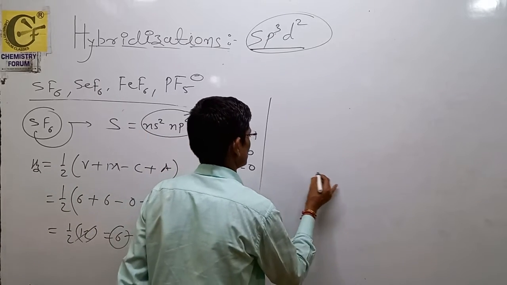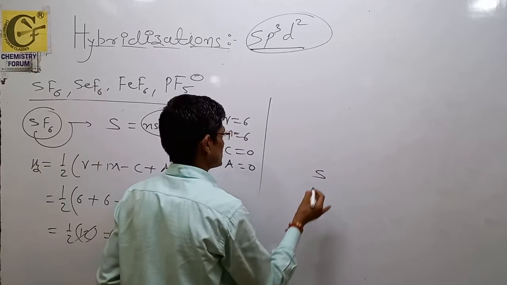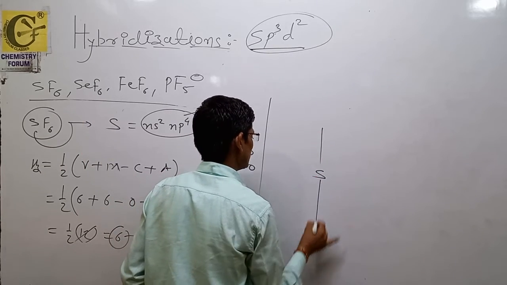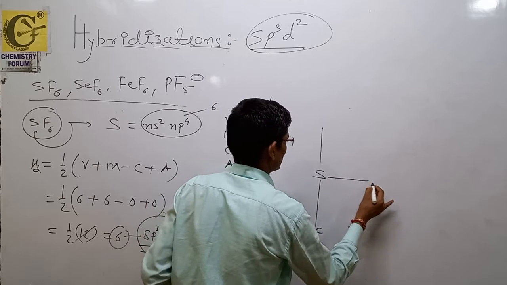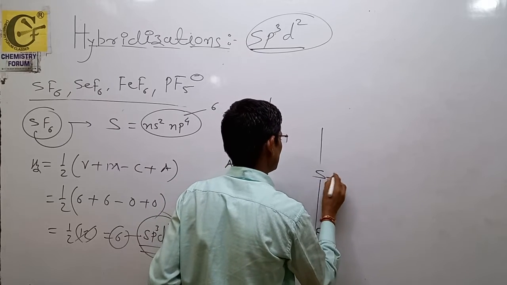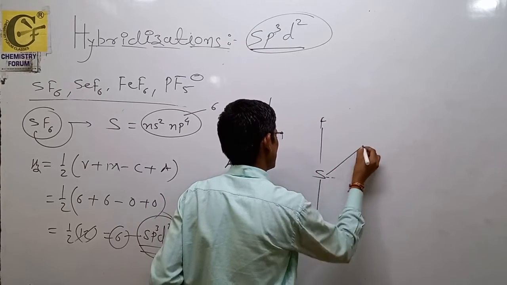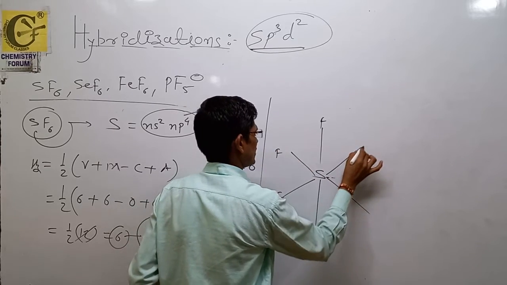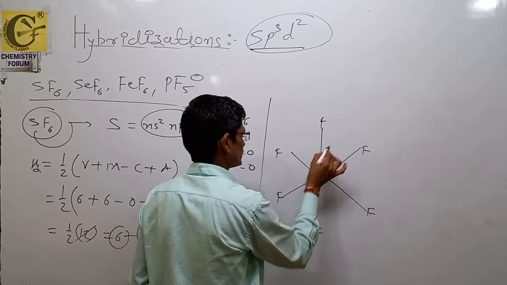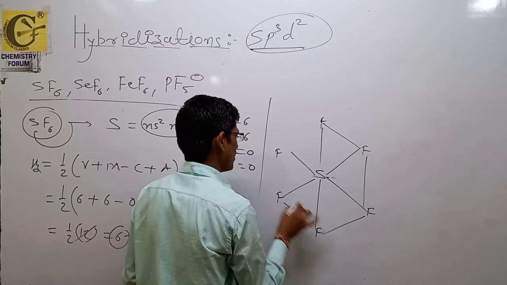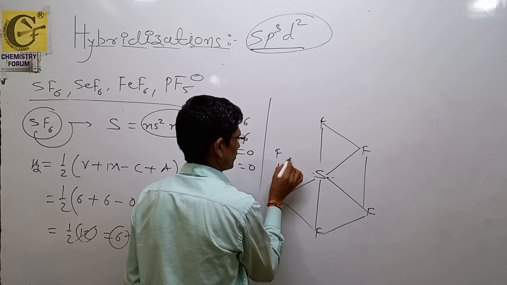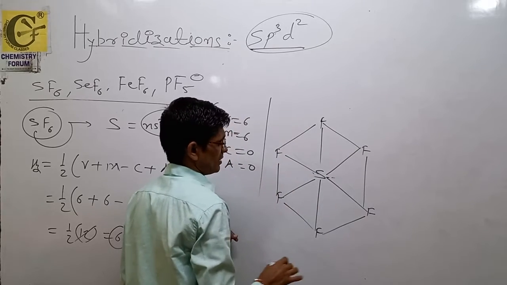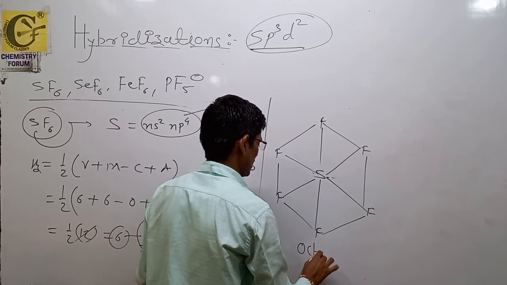The central atom has 6 fluorine atoms attached, so it is octahedral in nature. So the geometry of SF6 is octahedral.